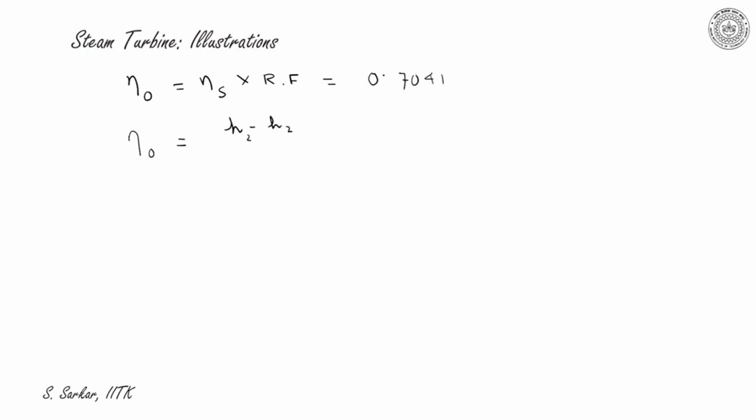Now from the definition, eta 0 is equal to H1 minus H2, which is the actual expansion, divided by H1 minus H2s. So eta 0 is the ratio of the actual enthalpy drop through multiple stages divided by the ideal isentropic enthalpy drop.